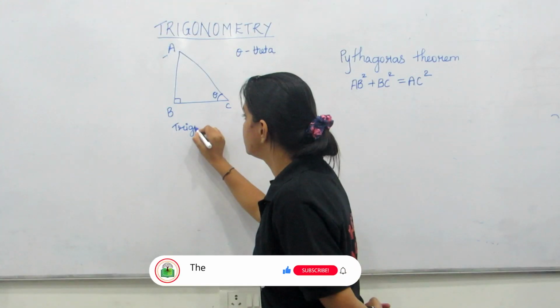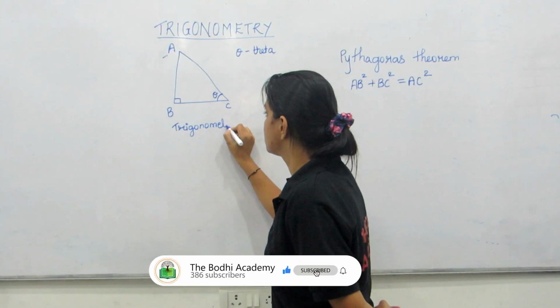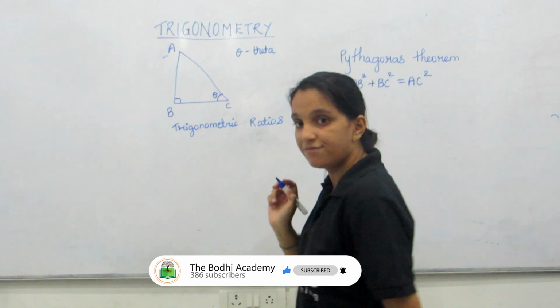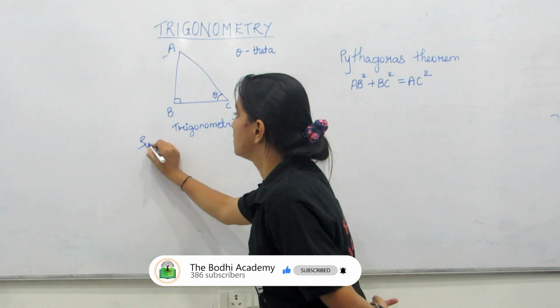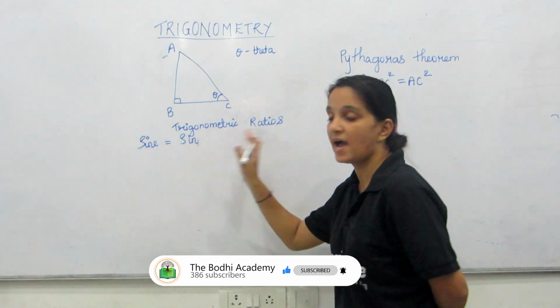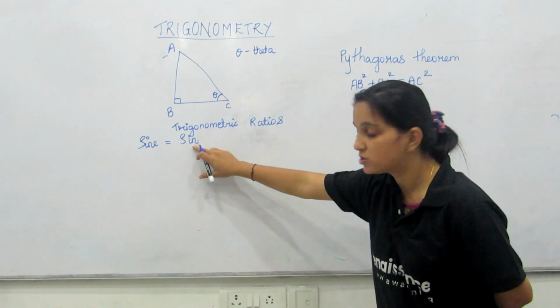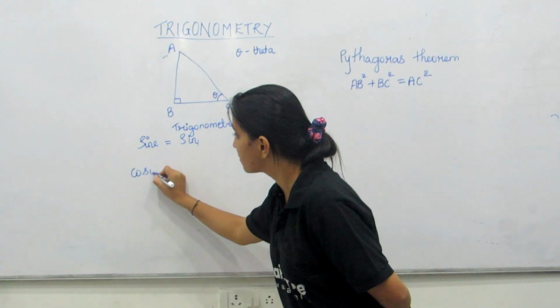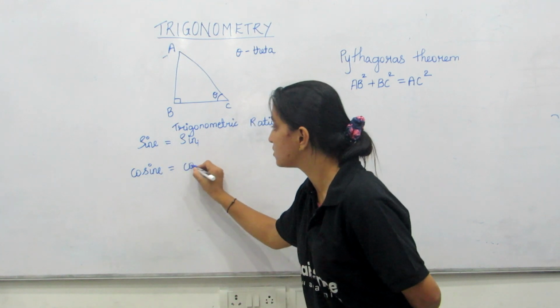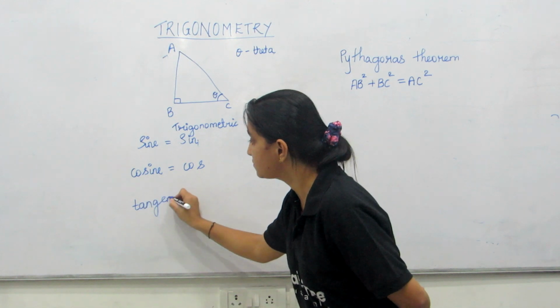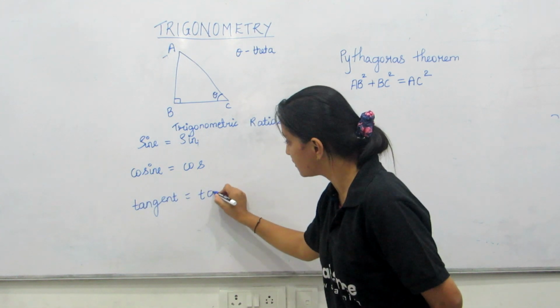Now you will have trigonometric ratios. First is sine, which we write as sin in short form, and we will mostly use this term, but the full form is sine. Then is cosine, which we say cos. Then you have tangent, which we call tan.